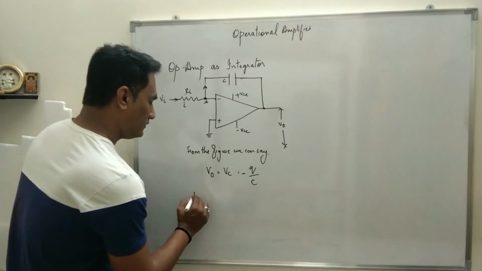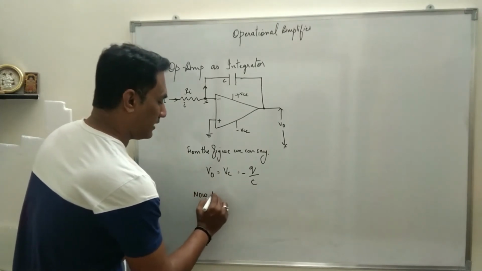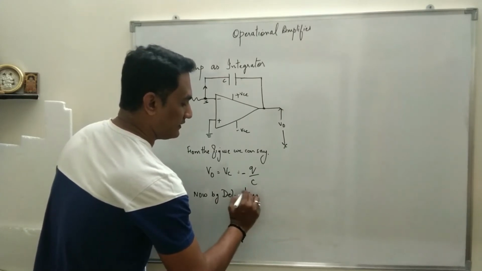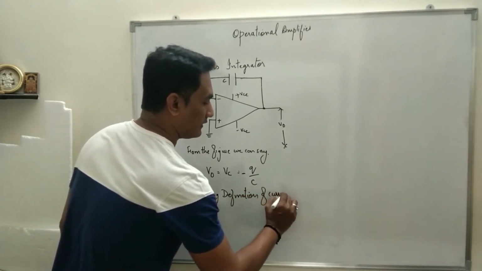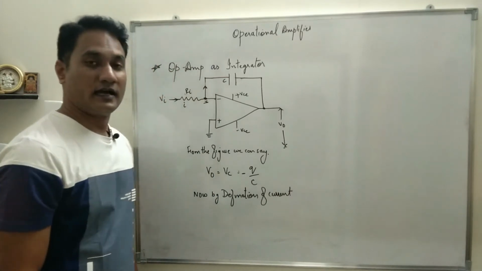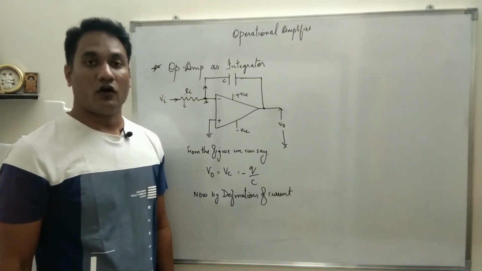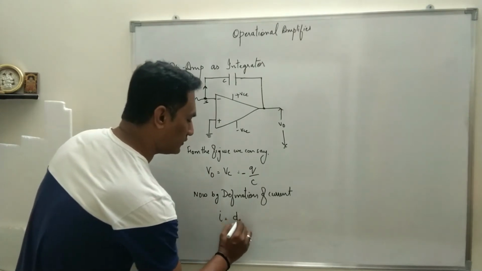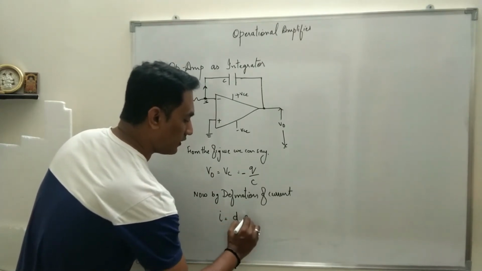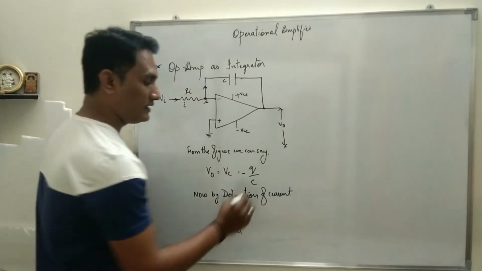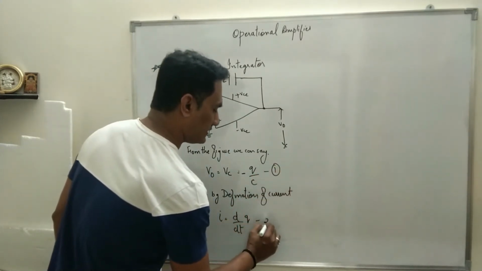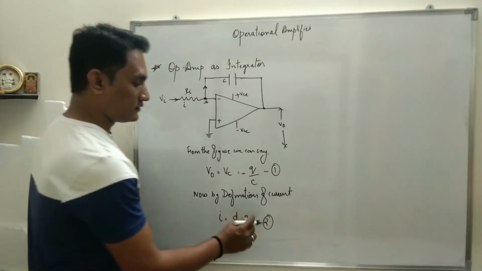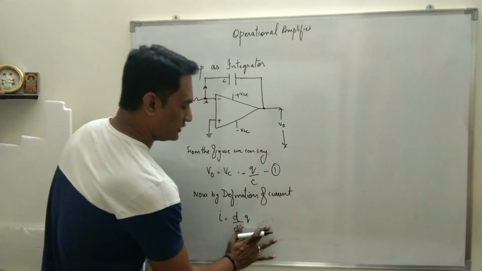Now, by definition of current, what is current? Current is the rate of flow of charge. So I is equal to dQ by dt.